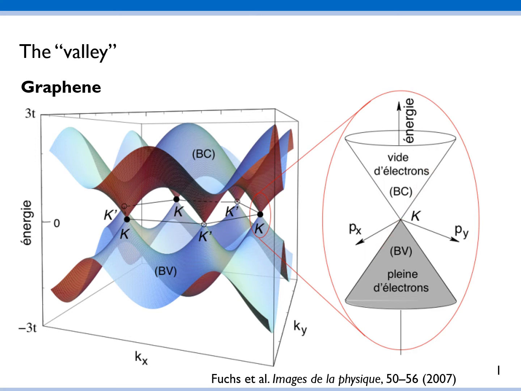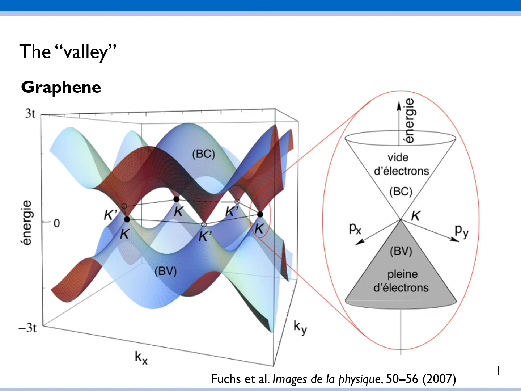Okay, so these K and K prime points are similar to each other, but they are not equivalent. They are related through time reversal symmetry and inversion symmetry, but they are not the same. These points are really important because these are where the valleys are located.